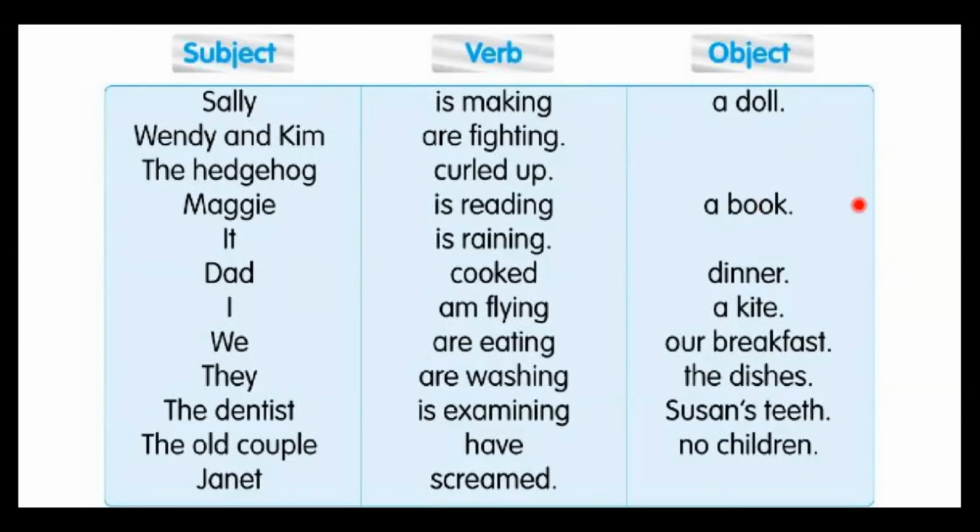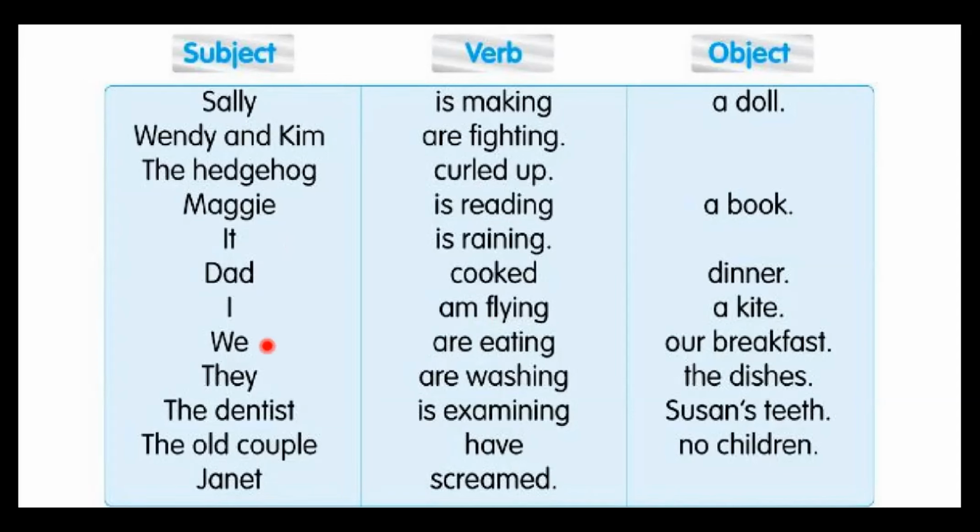It is raining. It is the subject, is raining is the verb. Dad cooked dinner. Dad is the subject, cooked is the verb, dinner is the object. I am flying a kite. I is the subject, am flying is the verb, a kite is the object.